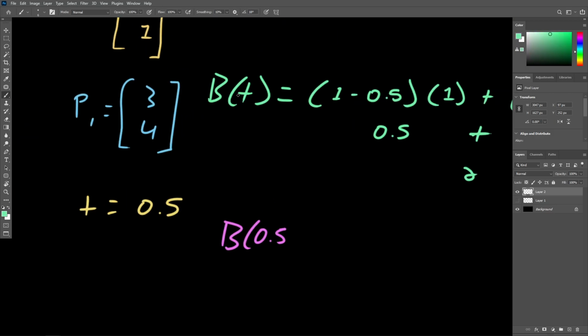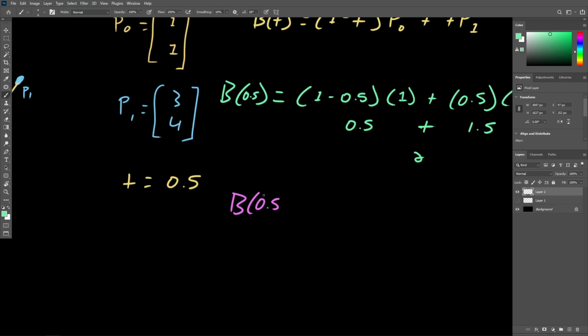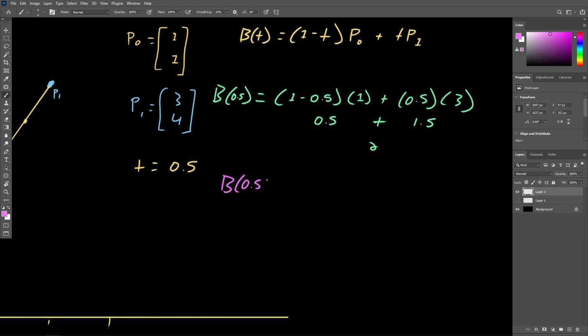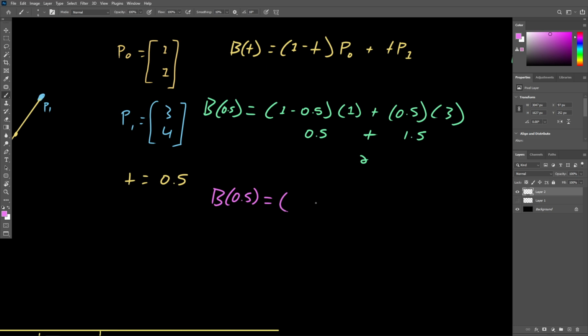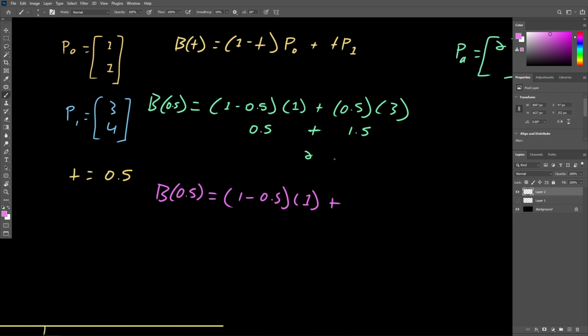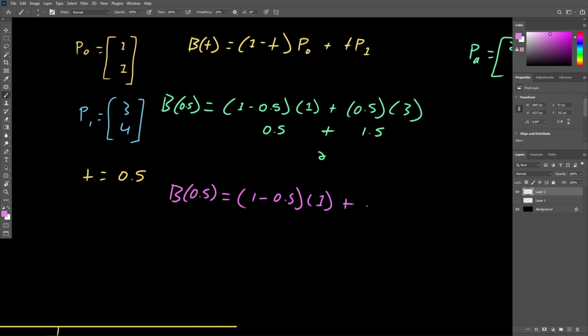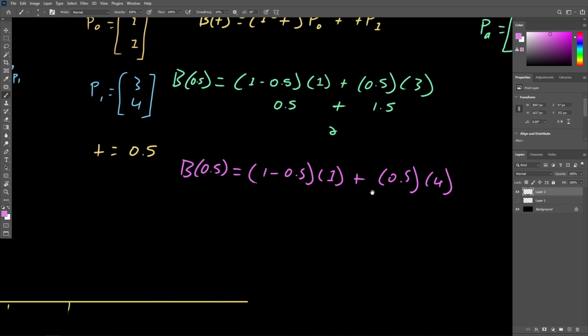Remember, this was 0.5. So B of t will in this case be equal to 1 minus 0.5 times the y component of P0, that is 1, plus t times the y component of P1, so 0.5 times 4.